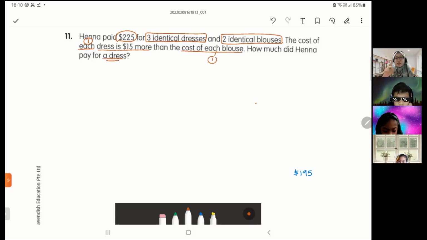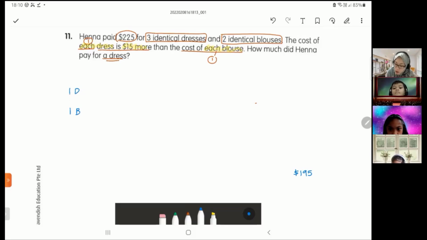Okay, let's draw the model for one dress and one blouse first. If you look at the comparison, each dress is $15 more than each blouse. I can do something with this. So my dress and my blouse, one dress versus one blouse. One dress is more than my blouse.